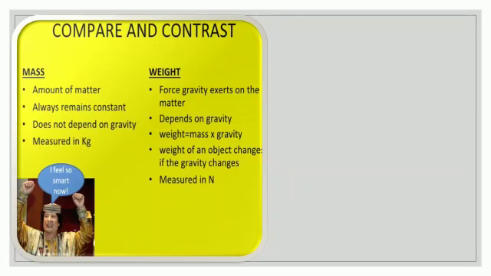Weight is equal to mass times gravity. The weight of an object changes if the gravity changes. Mass is measured in kilograms, while weight is measured in newtons.